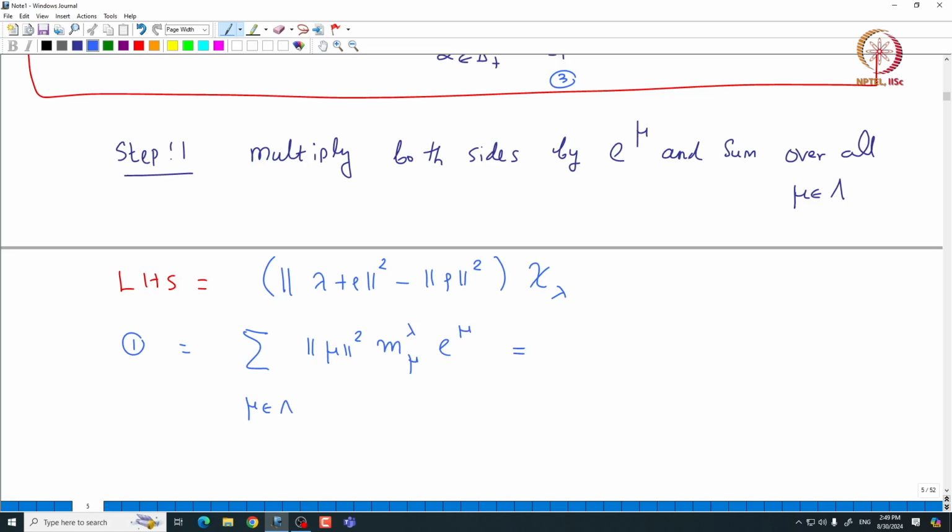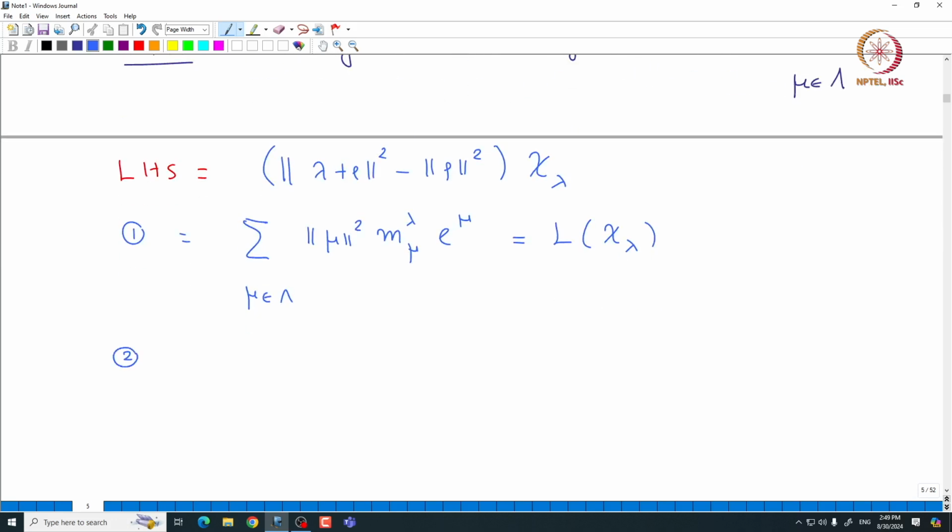If you think about it in terms of the Laplacian, this is nothing but the Laplacian of chi lambda. Now, what about 2? So, 2 is exactly equal to the summation of the inner product of mu with 2 rho times the multiplicity of mu in V lambda times e power mu, where mu is in capital Lambda.